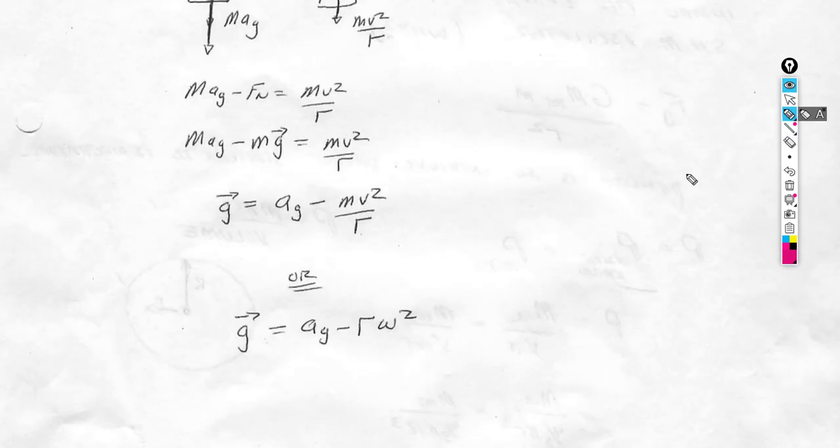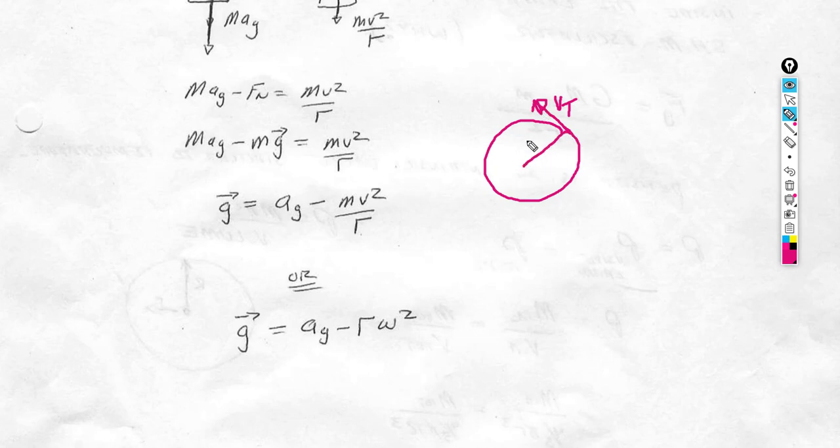Or if we're savvy, when we're talking about v, what kind of v are we talking about? We're talking about v tangential. And we know that when we go back to our circular motion, we just came out of that rolling chapter, that's going to equal r omega. So if I have mv squared over r, I just have m r omega squared over r.